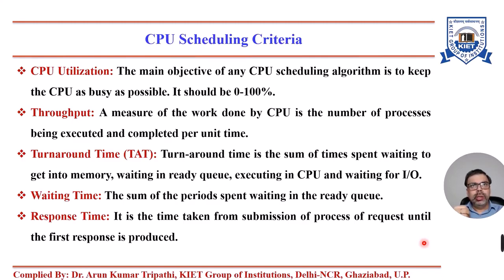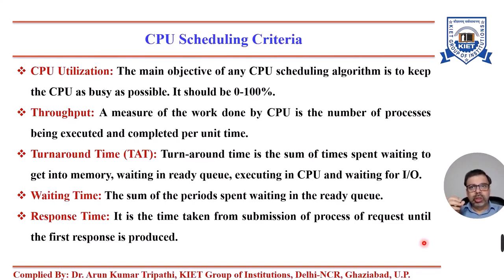To get the maximum performance, we should design an algorithm that can continuously assign a task to the processor so that the processor remains busy. The CPU's utilization varies from 0 to 100%, but in real life it is in general between 40 to 90%.